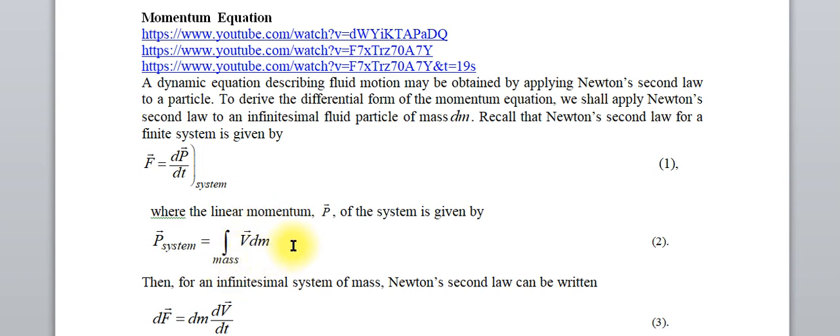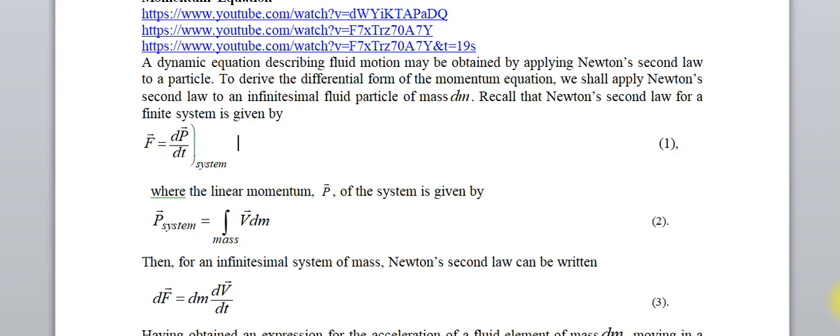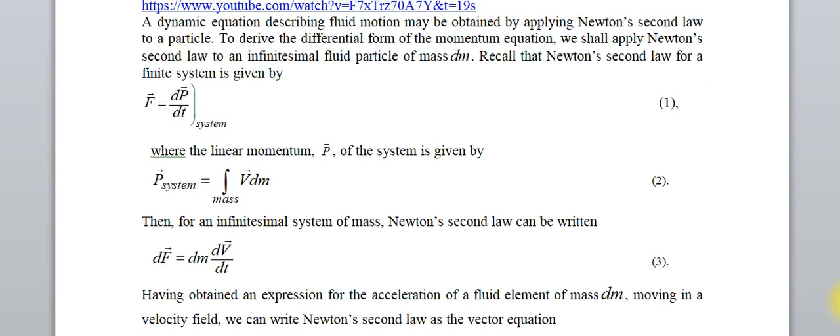So P is equal to mV. As we have considered a very infinitesimal small mass, that's why we have considered dm. This is a very infinitesimal mass.